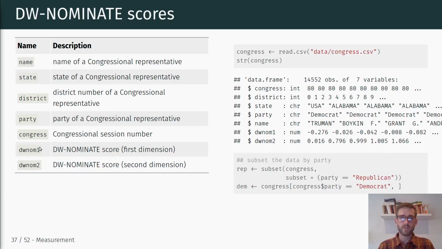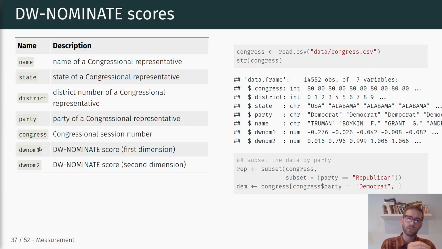So one very famous set of latent scores that are based on these roll call votes are called the DW-NOMINATE scores. And one of the data sets that we're going to work with now did exactly that.